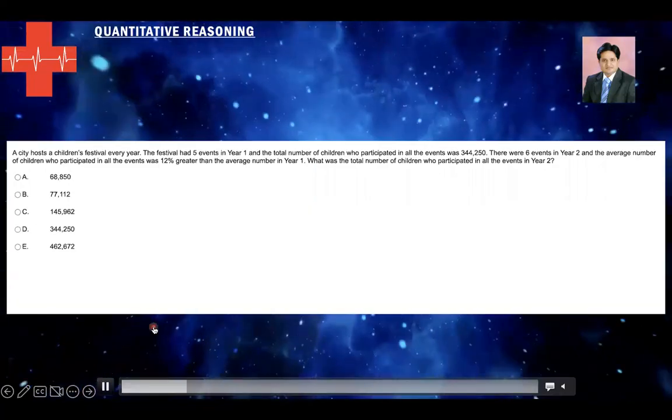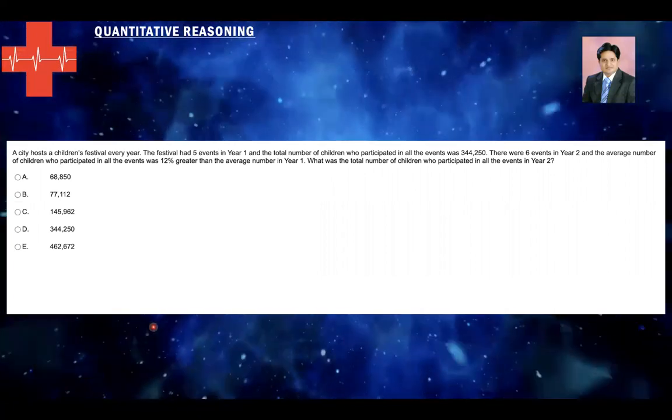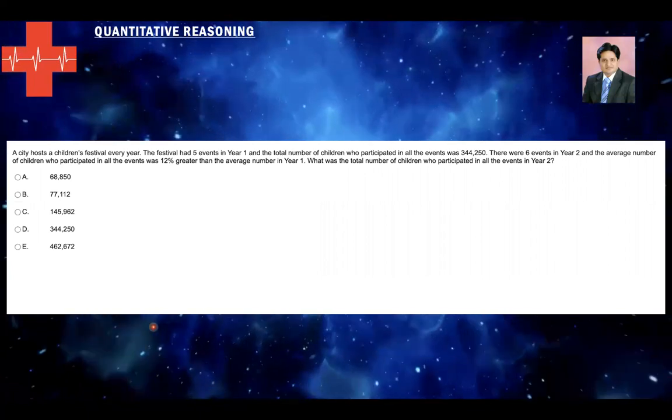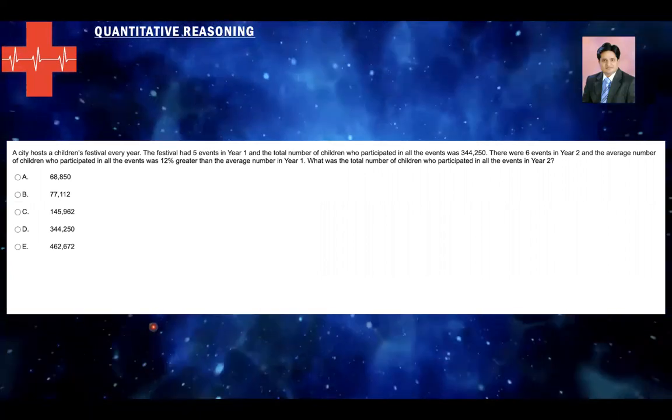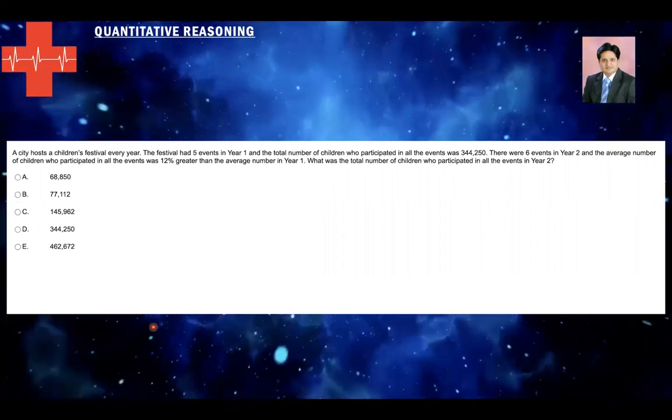All right, here comes your next question. A city hosts a children's festival every year. The festival had 5 events in year 1, and the total number of children who participated in all the events was 344,250.